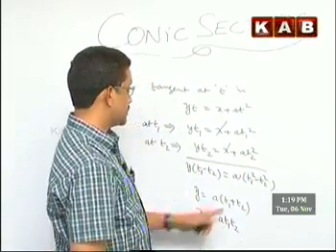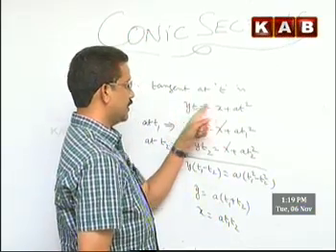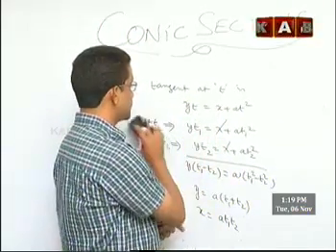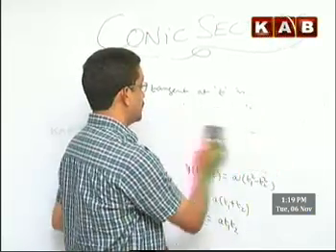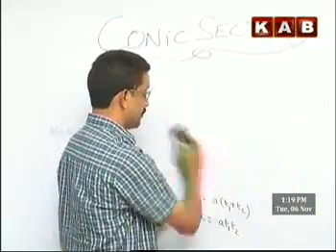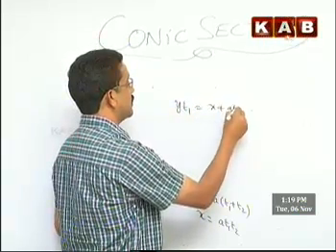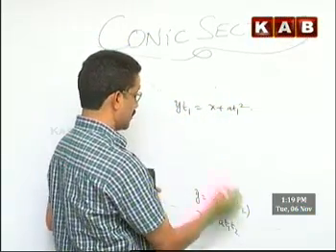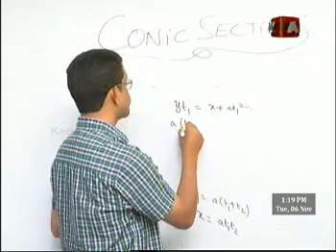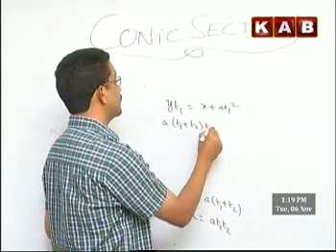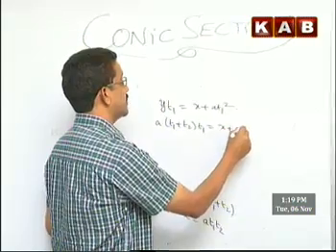Now how do you calculate x? Just put the value of y here. You will have x. Let me show you how it is done. My first equation is yt1 is equal to x plus at1 square, and in the place of y I am putting the y coordinate, a into (t1 plus t2), into t1 is x plus at1 square.